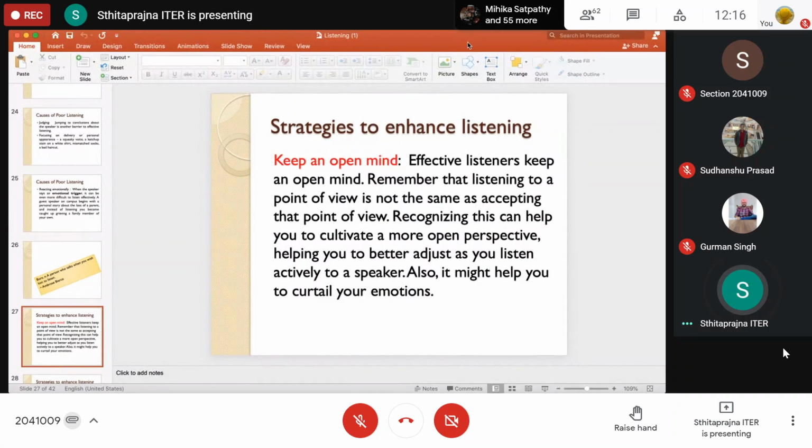First is keeping an open mind. So, effective listeners keep an open mind, because when you're listening to a point of view, to someone's perception, it is not the same as accepting or agreeing to it.